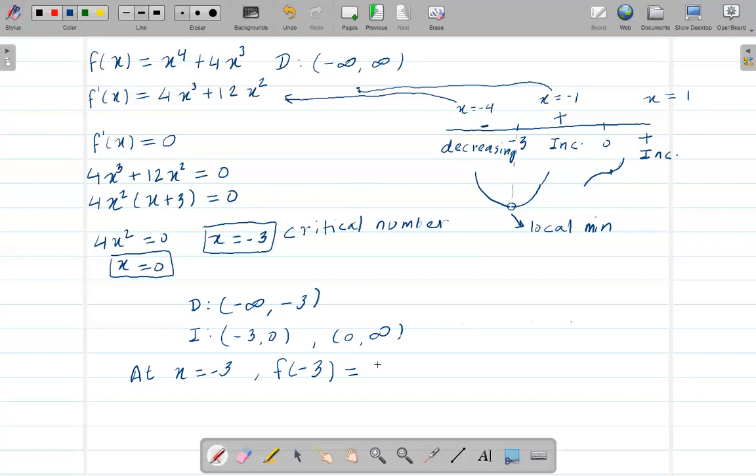So you'll get negative 3 to the power 4 plus 4 times negative 3 cubed, and from here you will get negative 27. So that means the local minimum point is negative 3, negative 27.